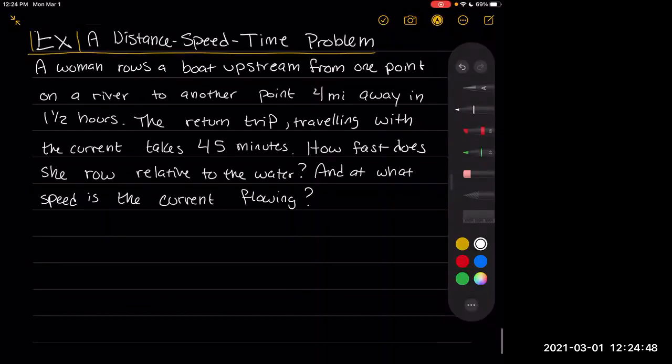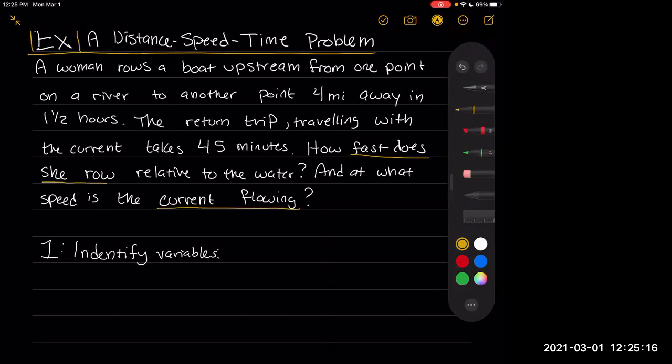So the first part of this problem, we need to identify our variables. We are asked to find the woman's speed. We're also asked to find the speed of the current.